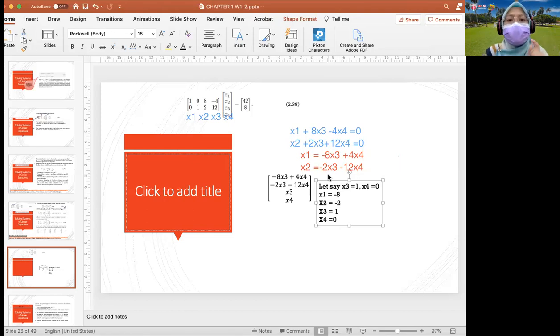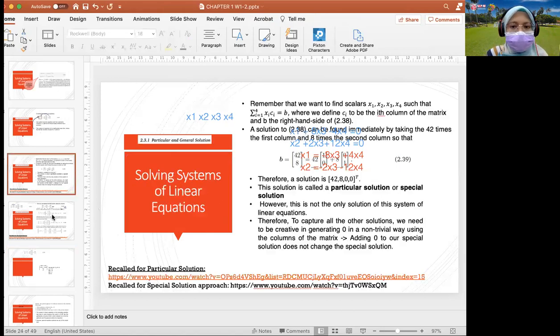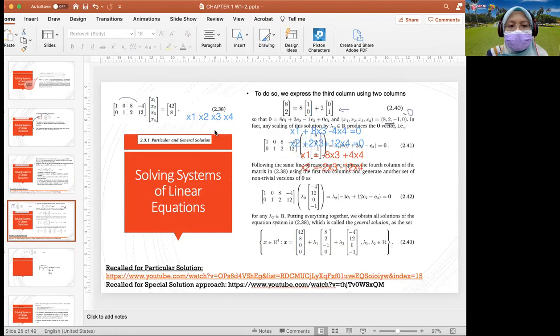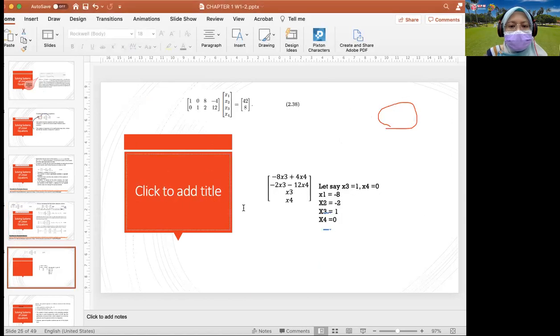And if you notice, there is a slight difference between this solution and the previous solution.